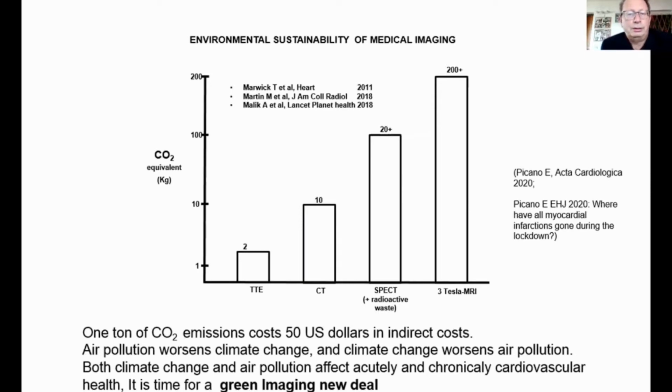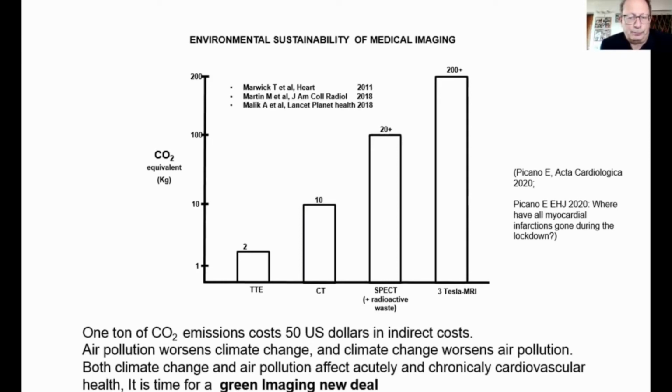We learned that climate impacts on heart and what we do in cardiac imaging lab impacts on environment. And now it is the time to ask ourselves what is the impact in terms of climate worsening, carbon dioxide equivalent production, and in one word, environmental sustainability of what we do.